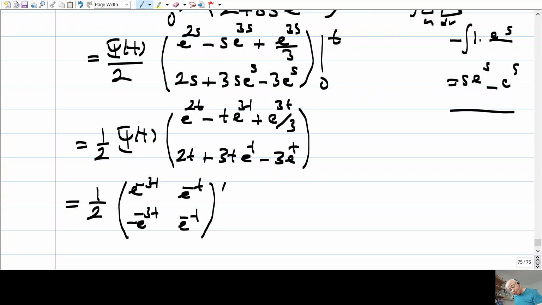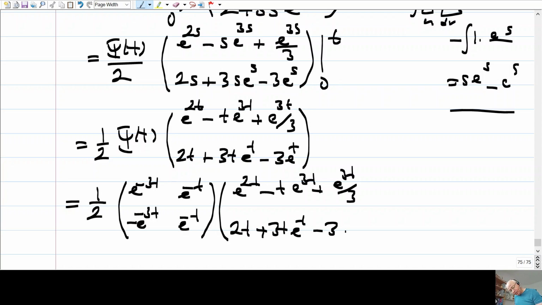Bunu alıyorum. Bununla çarpıyoruz. E üzeri 2t eksi t çarpı e üzeri 3t artı e üzeri 3t bölü 3, 2t artı 3t e üzeri t eksi 3 çarpı e üzeri t.